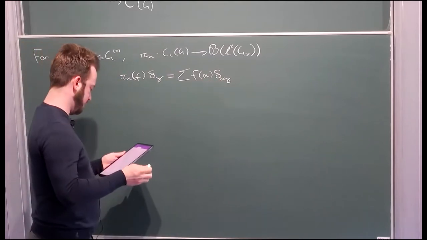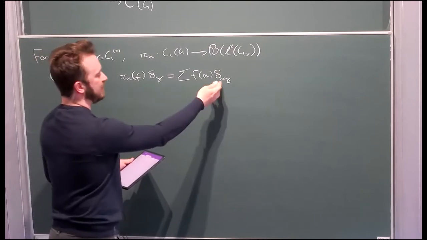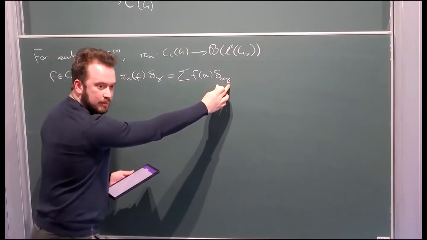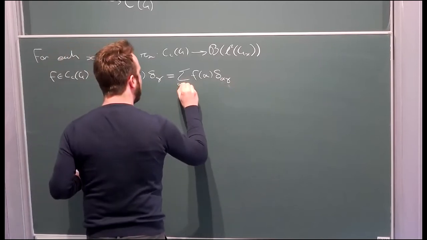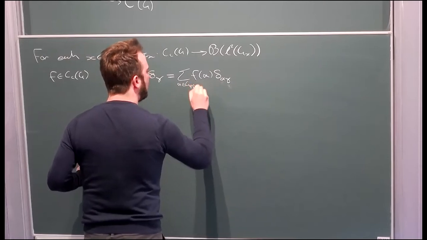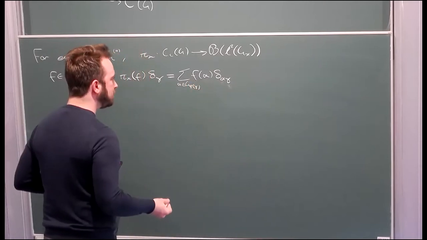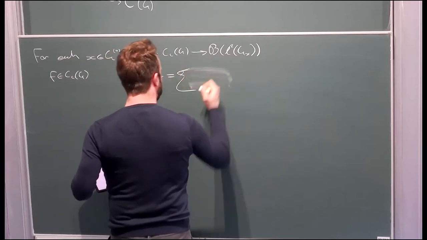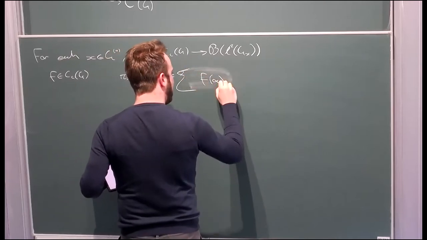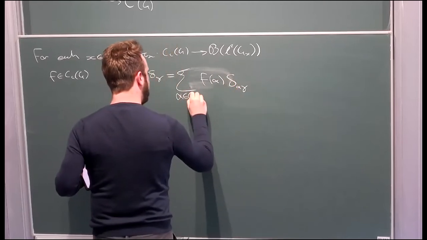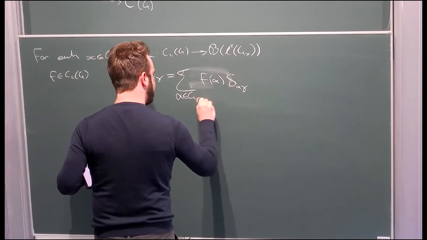And where can these alpha live? Well, clearly the source of alpha has to be the range of gamma because they need to be composable. So we take alpha in G range of gamma. I've gone too small again, I've just noticed. Delta subscript alpha gamma, alpha in range of gamma.